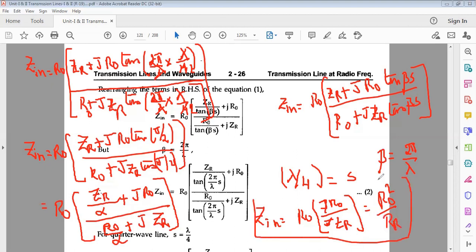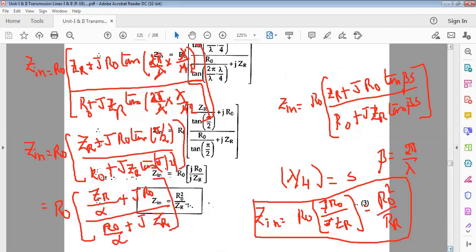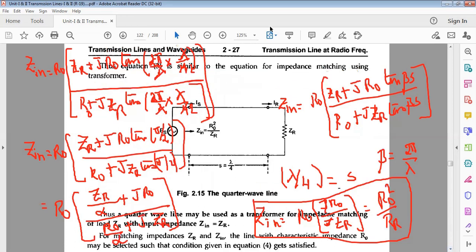Zin is equal to R0 square by RR. Okay, so Zin is equal to R0 square by ZR in the quarter wave line of transmission line.